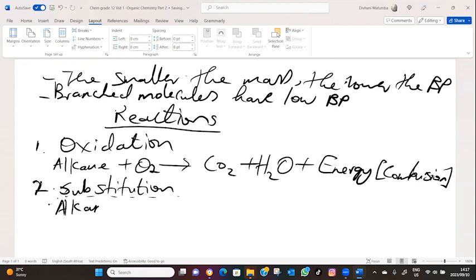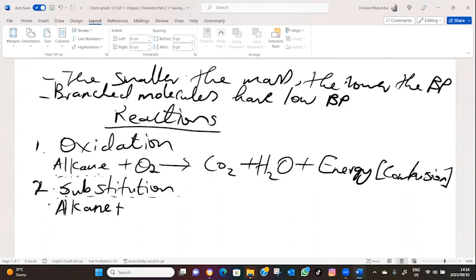Note that with oxidation, I used alkane as an example. Why? Because alkane is saturated. Saturated means there's only single bonds throughout. Substitution. A very good example, if a taxi is full, it means you can't add more passengers, but you can substitute, of course.